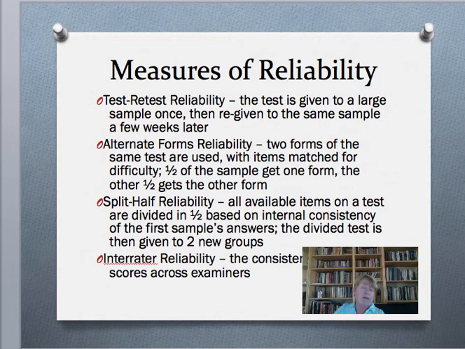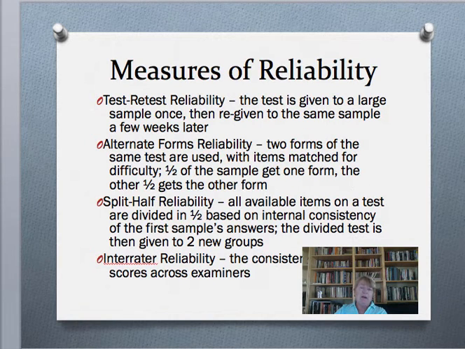I might be looking for certain aspects of grammar to be correct. You might be looking for other aspects of the sentence to be correct. I might think that a 5-word sentence is better than a 4-word sentence. You might just look at the quality of that sentence. So there will be some differences in how we score an answer.